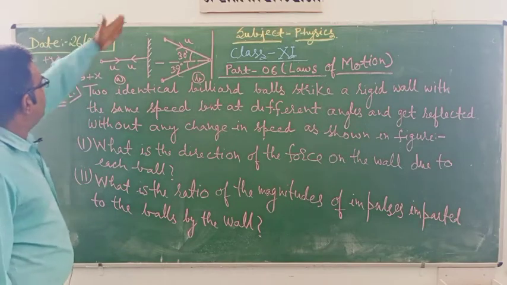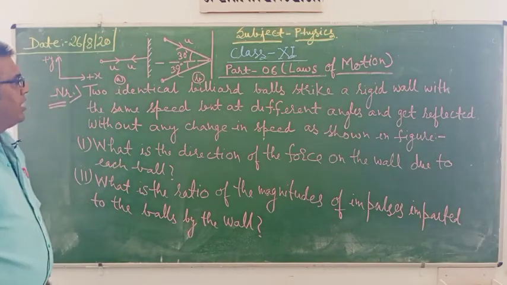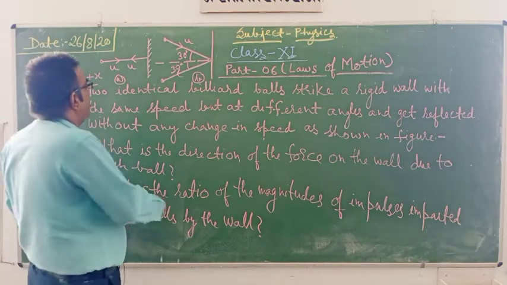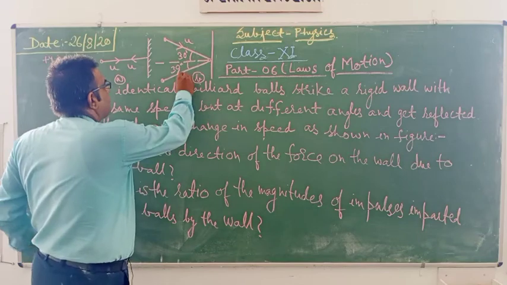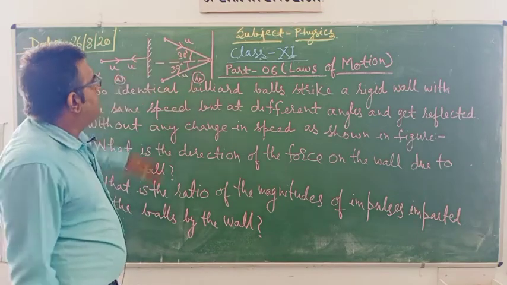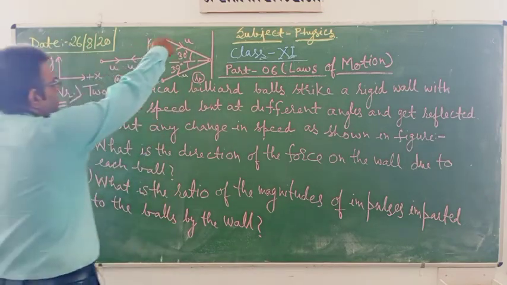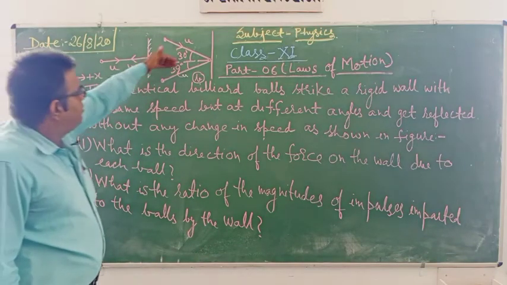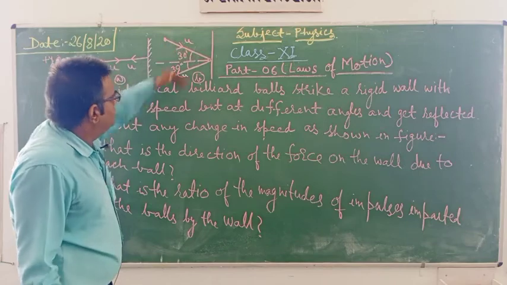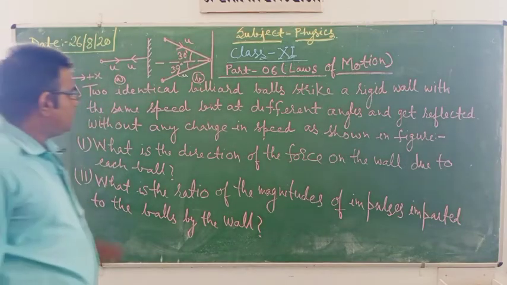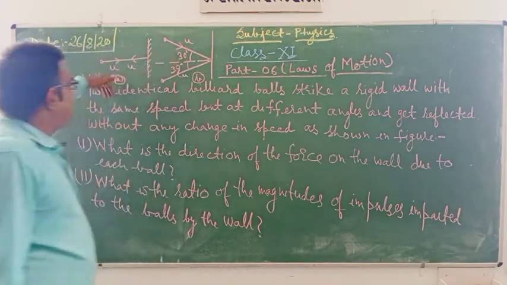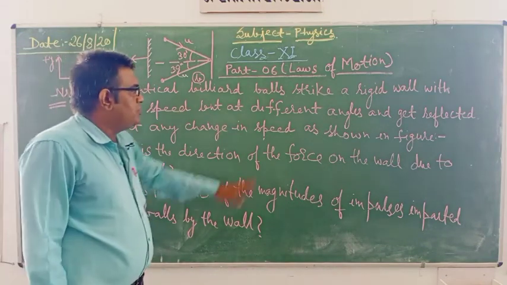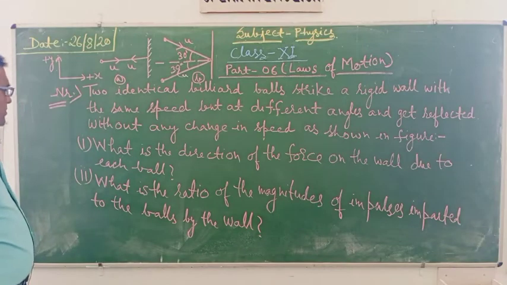In the second case, the ball is going at an angle of 30 degrees with the horizontal, and it is reflected back at an angle of 30 degrees with this line. And while rebounding, the speed of the ball is not changed.